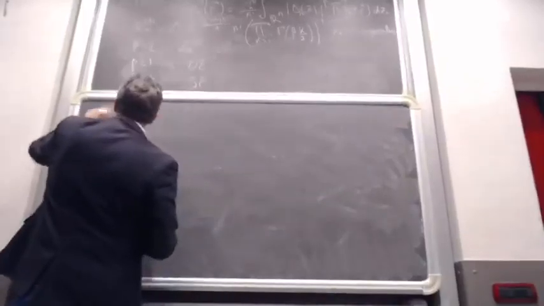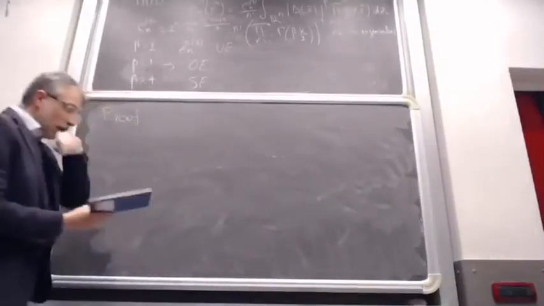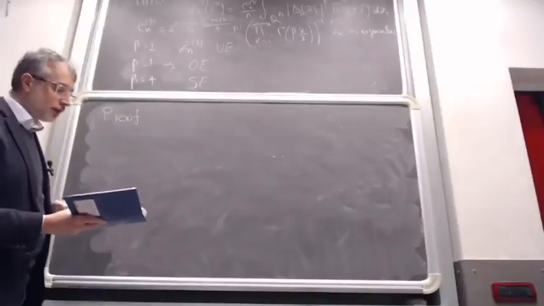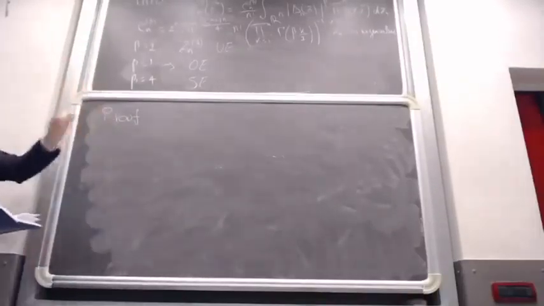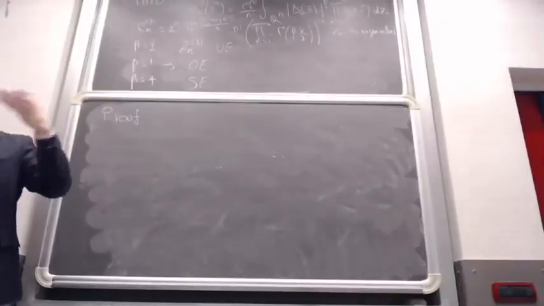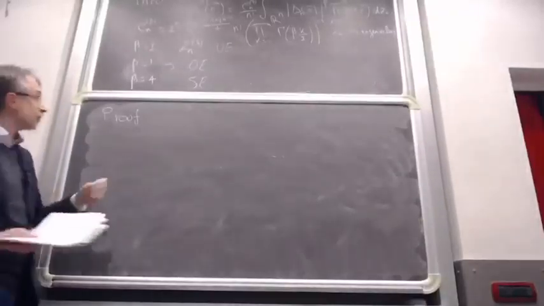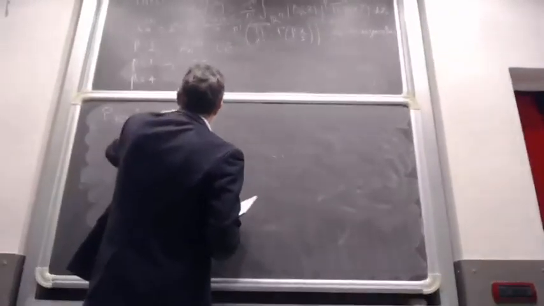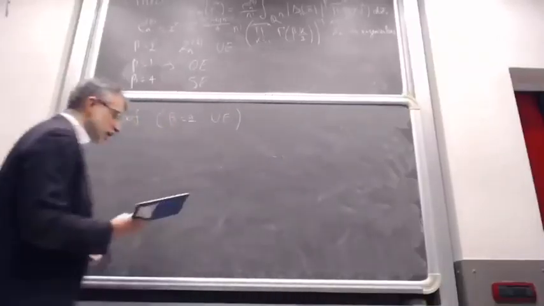Essentially, the idea is that we need to use the fact that the measure of integration is invariant under the unitary group.